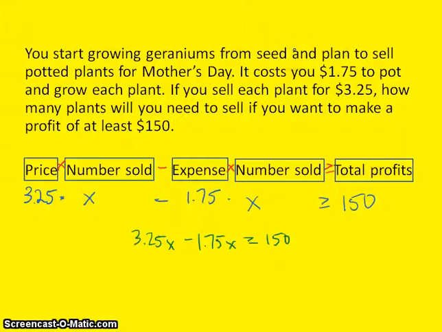So we have some combining we can do. We have 3.25x minus 1.75x, which is 1.5x, meaning we make $1.50 for each pot that we sell. Divide both sides by 1.5.